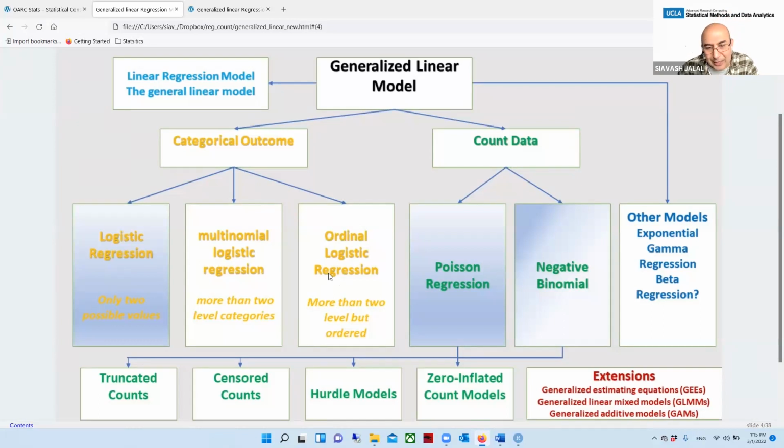So it's more than 2 levels again, but the order matters. It could be 1 to 3 levels, or something on a questionnaire where people answer very satisfied, satisfied, neutral, unsatisfied, something like that, that you have ordered.